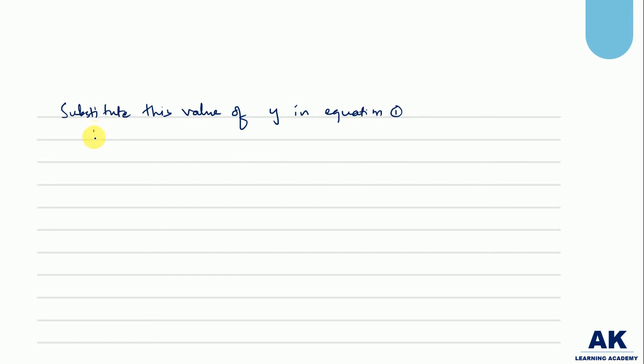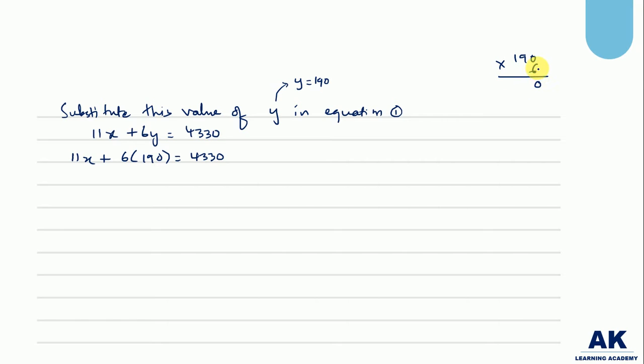What is equation 1? It is 11x plus 6y is equal to 4330. What is the value of y? y is equal to 190. I just have to put this value here, that is 11x plus 6 into 190 is equal to 4330. 6 into 190: 6 into 0 is 0, 6 into 9 is 54, remaining is 4, 6 into 1 is 6, 6 plus 5 is 11, so 1140.